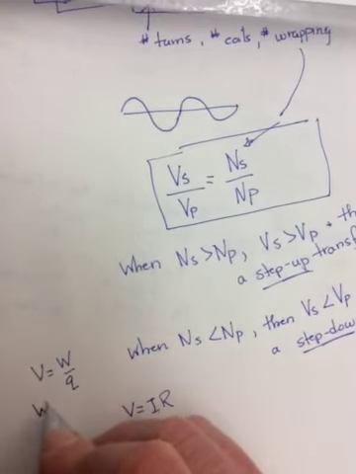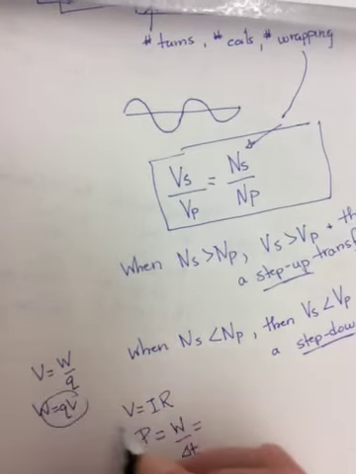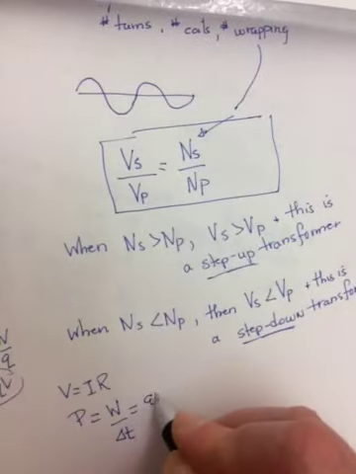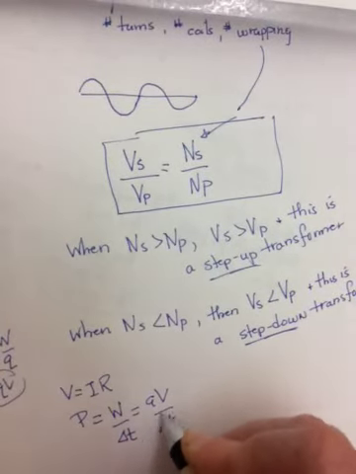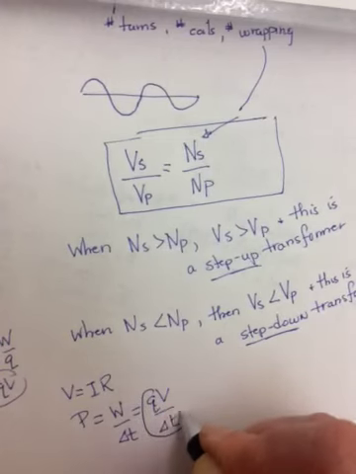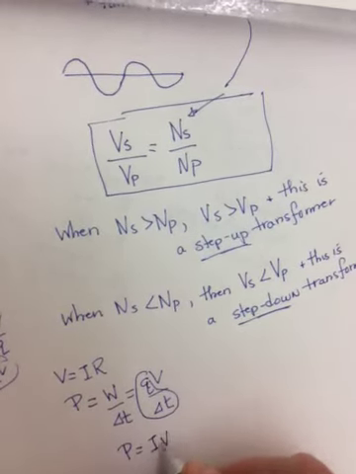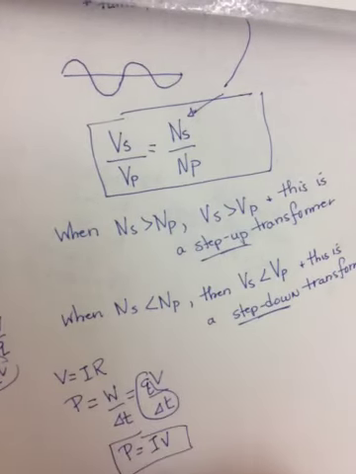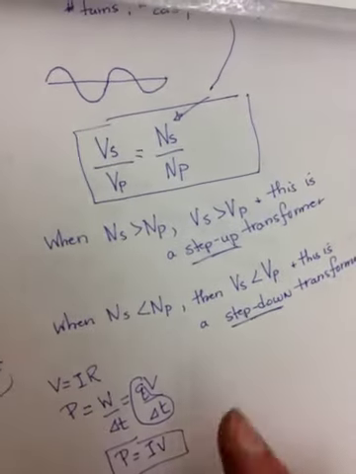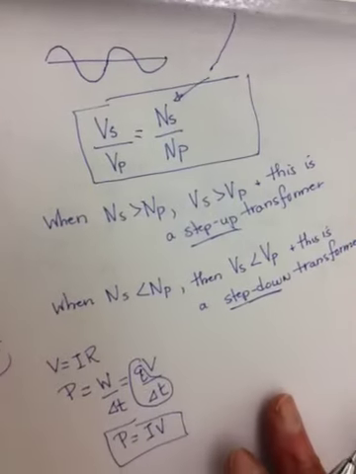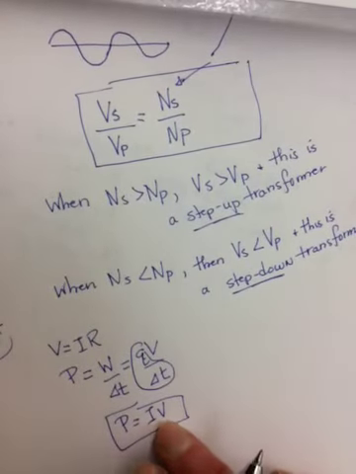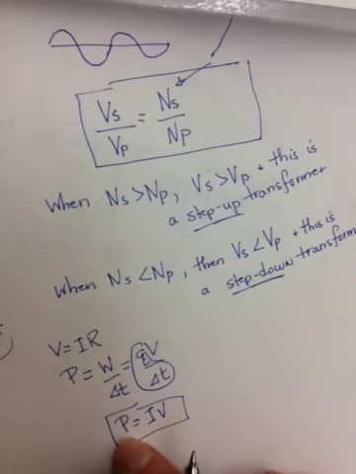So that means work is equal to QV. So if I fill this in here, QV over delta T, Q over delta T is I. So power is actually equal, when we're talking about electricity, to current times voltage. It's really easy to remember. If you're weak and not feeling great, they hook you up to an IV and they make you more powerful.